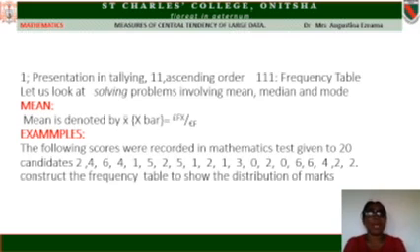Example 1: the following scores were recorded in a mathematics test given to 20 candidates: 2, 4, 6, 4, 1, 5, 2, 5, 2, 1, 3, 0, 2, 0, 6, 6, 4, 2, 2, 4, 2, 2. Construct the frequency table to show the distribution of the marks.